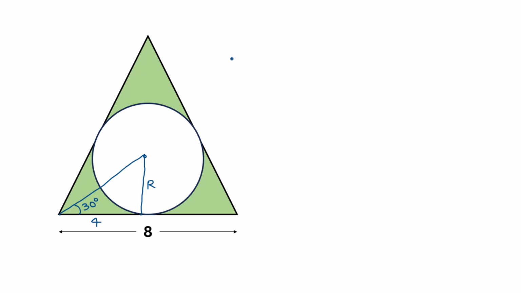Applying trigonometry here, we can write r divided by 4. This is tan of this angle, so tan of 30 degrees. So r over 4 is equal to tan 30 degrees, which is 1 over square root of 3.